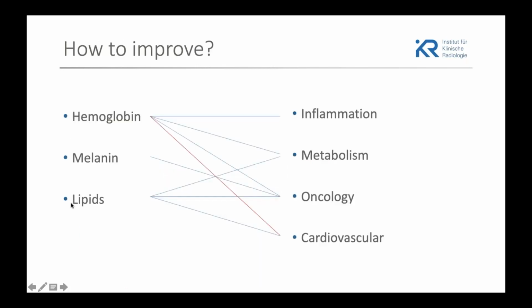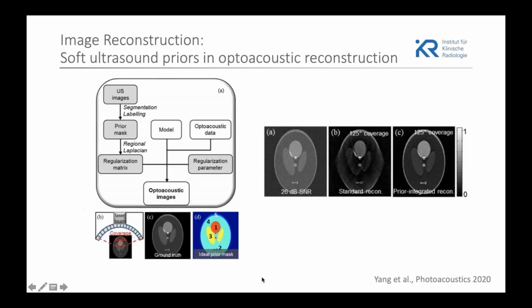Okay, for the next topic, I would like to think about how to improve this cardiovascular imaging with MSOT as it is right now. There has been work by Young et al. from the München Lincia Christos group in photoacoustics, just published last month, where we collaborated, and they used the prior mask of the ultrasound imaging, which you do acquire at the same time in the hybrid optoacoustic ultrasound imaging approach.